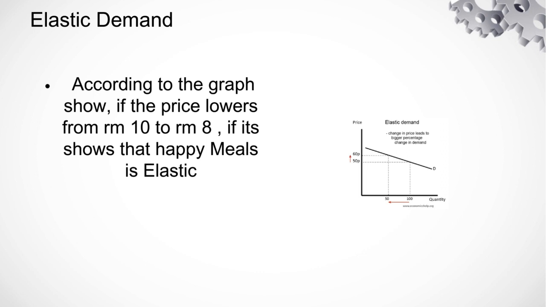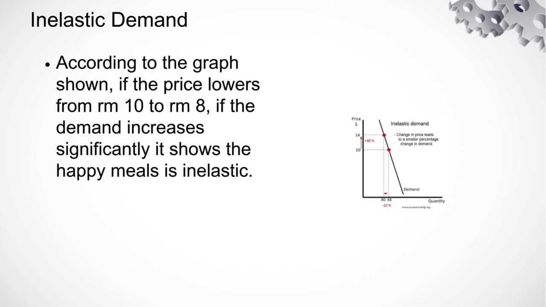First, elastic demand. According to the graph shown, if the price lowers from RM10 to RM8 and the demand increases a lot, it shows that Happy Meal is elastic. Second, inelastic demand.